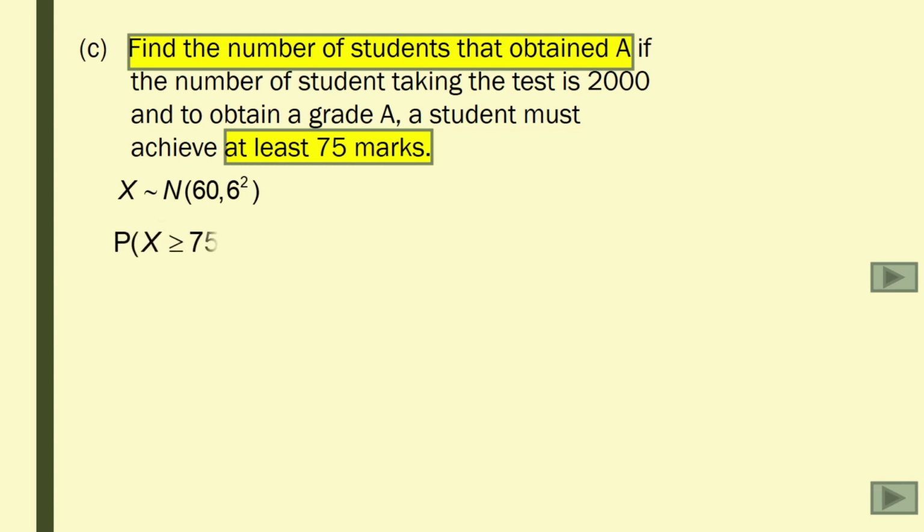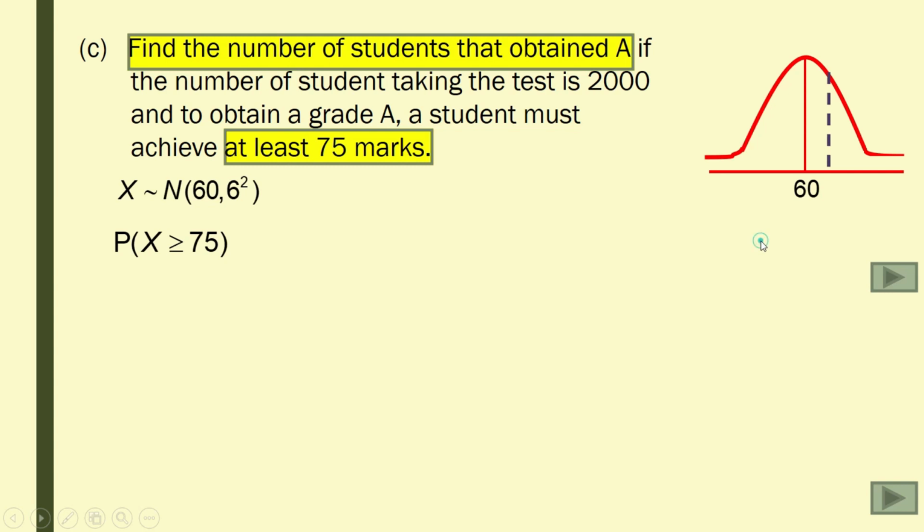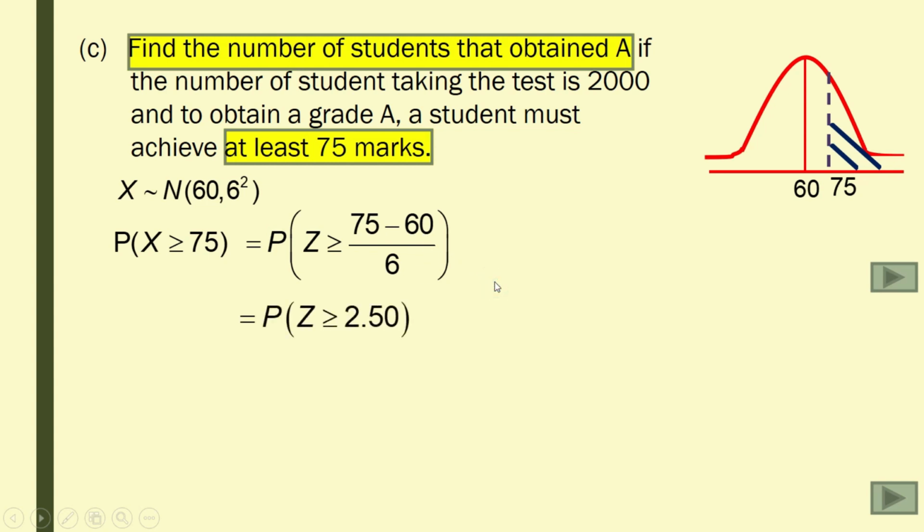We get P(X ≥ 75). We draw the X distribution with mean 60 and we draw line 75 and we sketch the area greater than 75. Okay, we change to standard normal distribution. P(Z ≥ (75 − 60)/6), and we get P(Z ≥ 2.50).